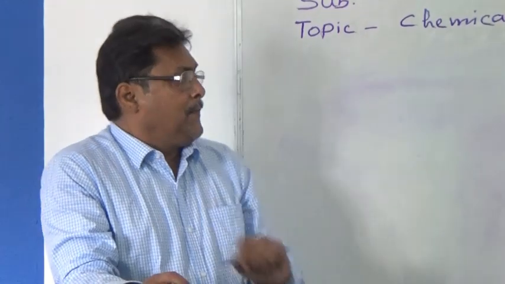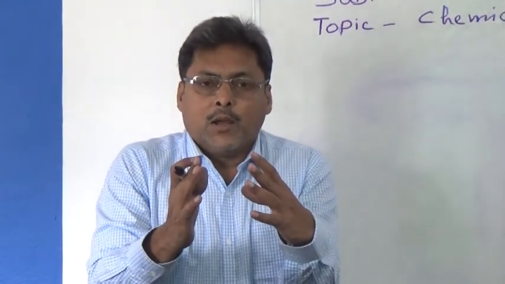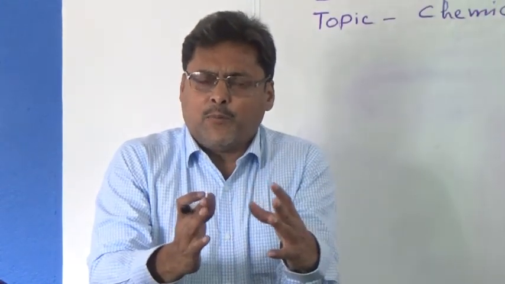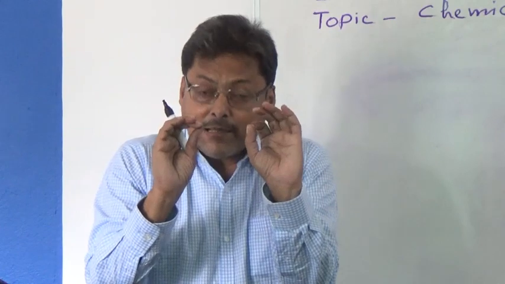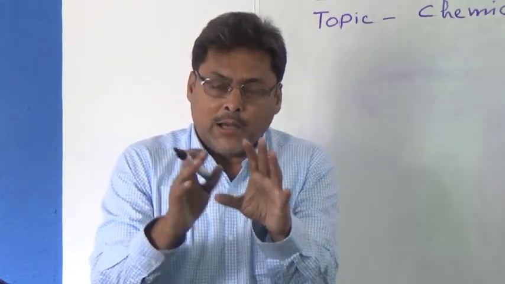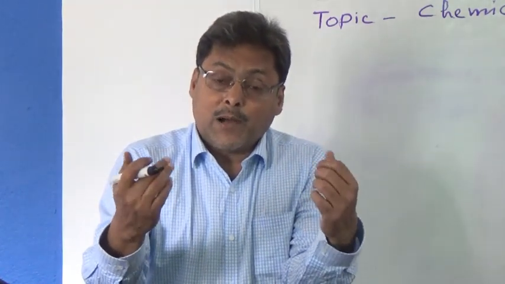So, you see, let's sum up now. For this chapter, I will break the whole lesson into 2, 3, maximum 4 small periods, so that it's easier, because it's a very important topic. How to write an equation, how many kinds of chemical reaction can happen. It's the basic part of chemistry.